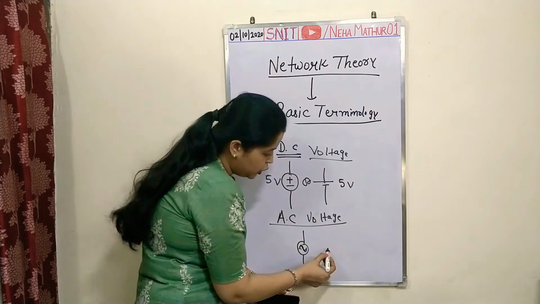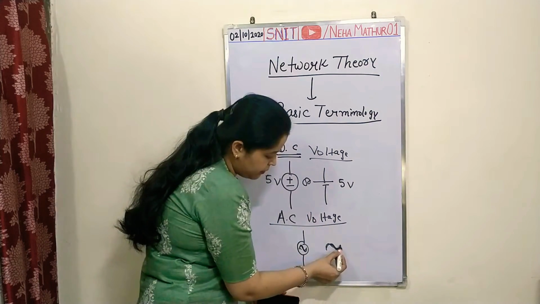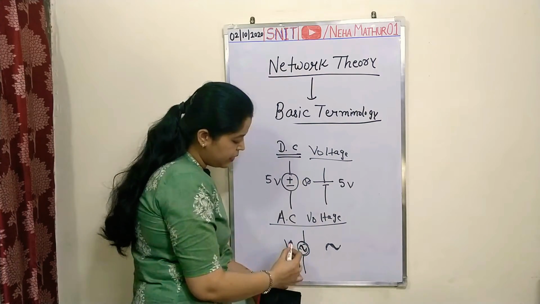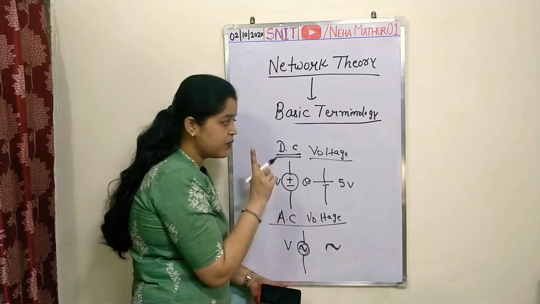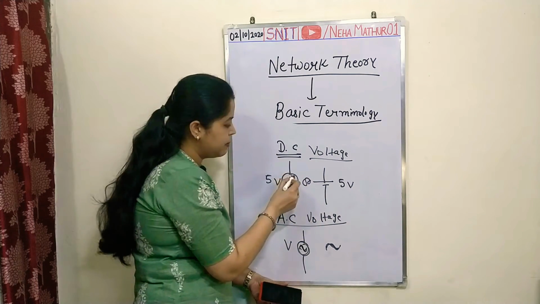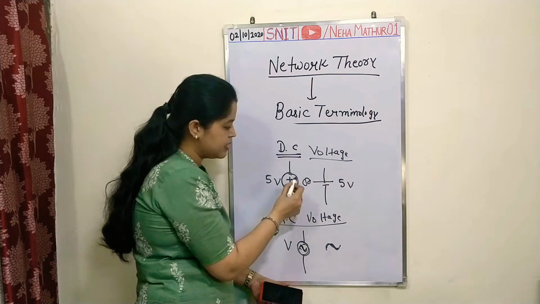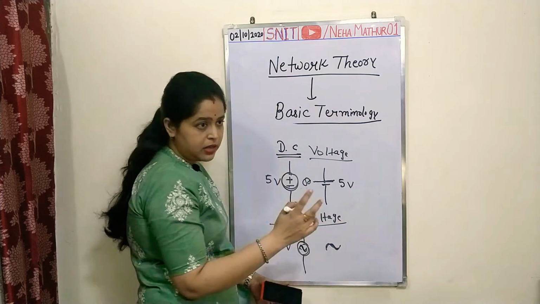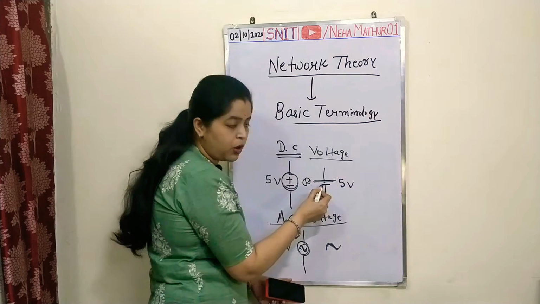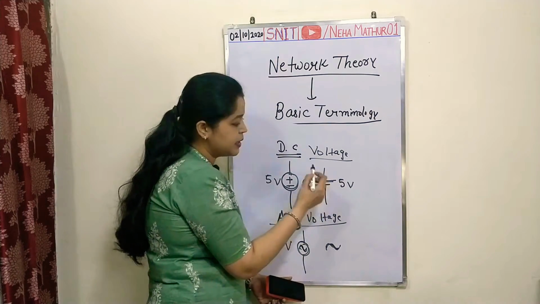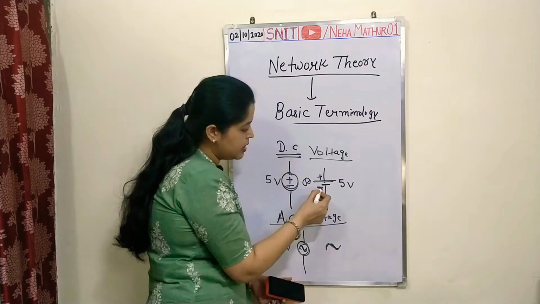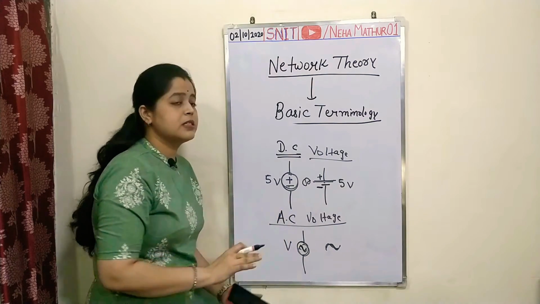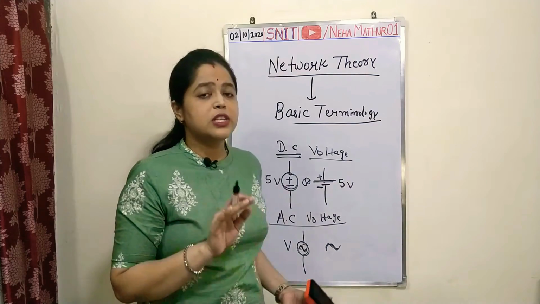For the AC, you will have to make a sine wave in the circle. For the DC voltage you have two methods. You can make a plus and minus in a circle, or you can make it using two terminals, a large terminal and a small terminal. The large one represents the plus sign and the small terminal is used to represent the negative sign of the battery. This is about the representation of the voltage sources.